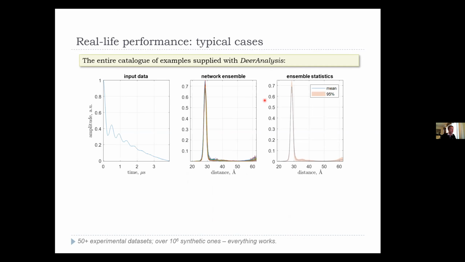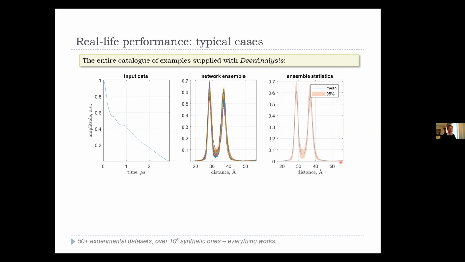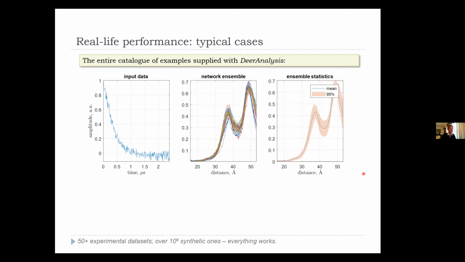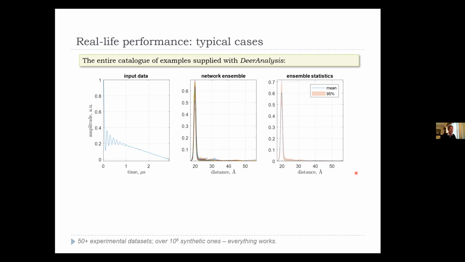Okay, so we went through the entire catalog that has been supplied with DEER analysis, and networks usually agree reasonably well, and the 95% confidence interval, as you can see, is pretty narrow. So bimodal distributions are fine, broad distributions are fine. Initially, we had different networks for narrow and broad, but now we managed to get enough compute power to train one super monstrous network that actually covers everything.